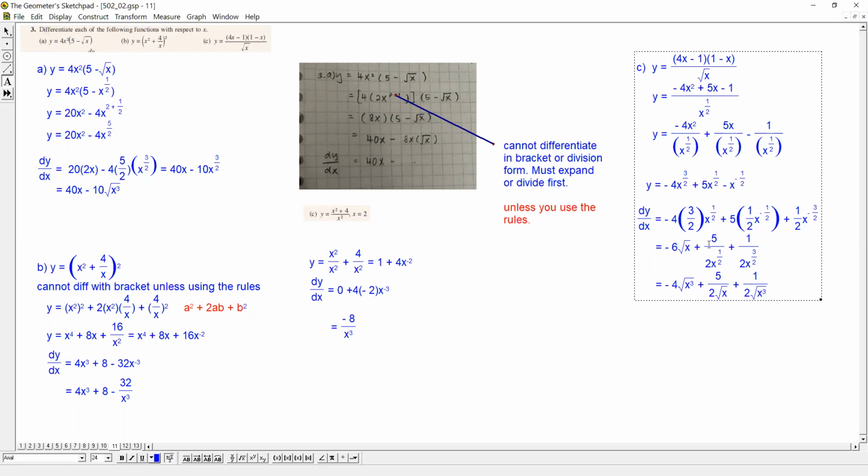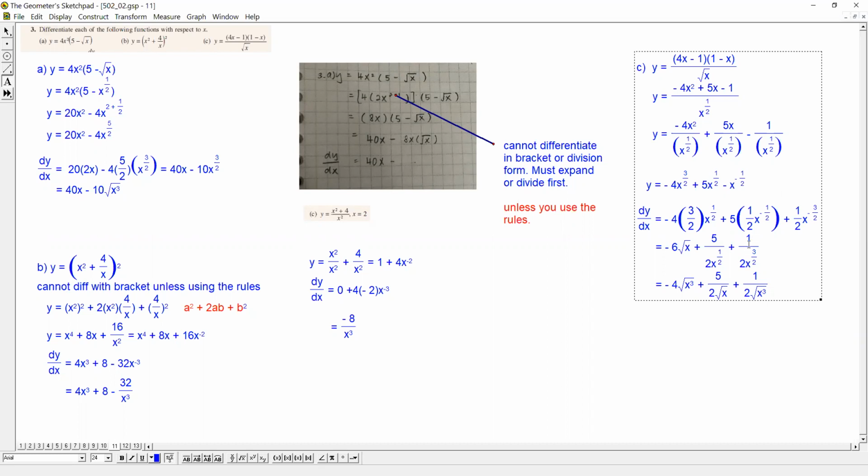Okay, so please note that the 2 is at the bottom, the 5 is at the top, because this x has a negative index, so the x has to go down. Then the last term 1/2, 1 is at the top, 2 is at the bottom.